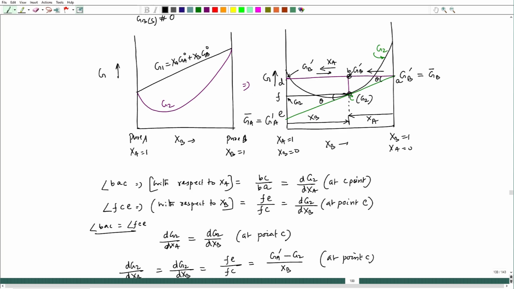So, now you can see, even if you do not consider this as GA naught and this as GB naught, they are not to be 0. Still we can see that the common tangent drawn at any point over the G2 line will cut the pure component side, and that free energy is nothing but the partial molar Gibbs free energy of those components in the solution. So, let me stop here.